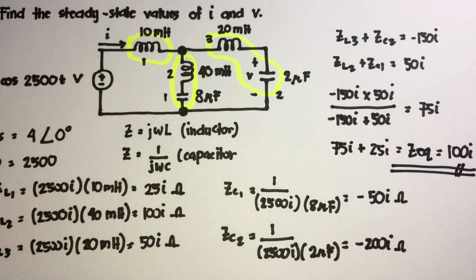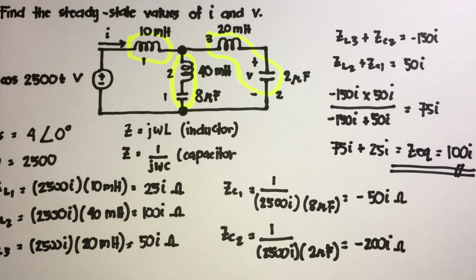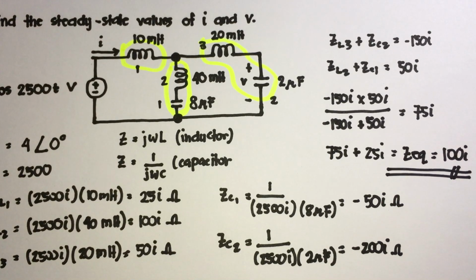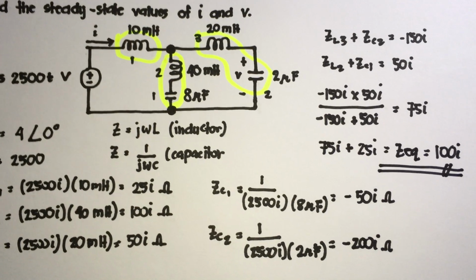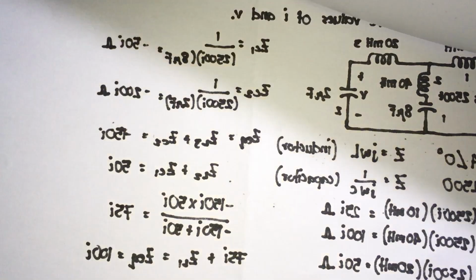But it will not end there, because after that we are going to find the I using Ohm's law, but in phasor form. Let's draw the circuit again.